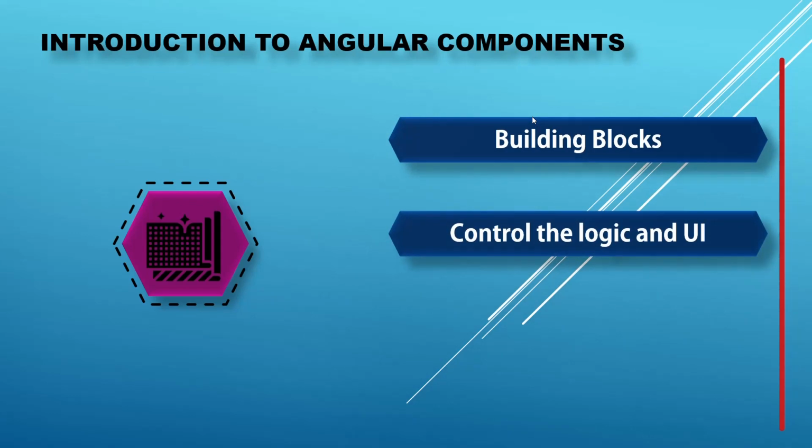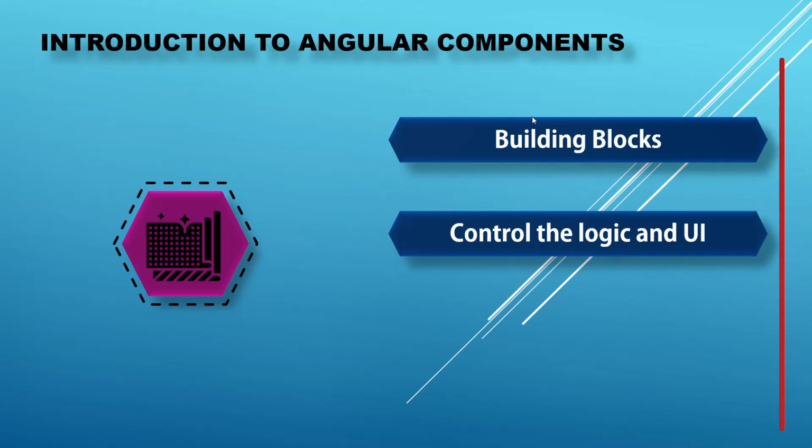Then, components control the logic. Logic means they will control whatever UI, whatever page you have created. That controlling is done in the component, and also you can create your UI, what the user needs to see. So you can create those two things in one component. Like you can create HTML and then you can control that HTML.